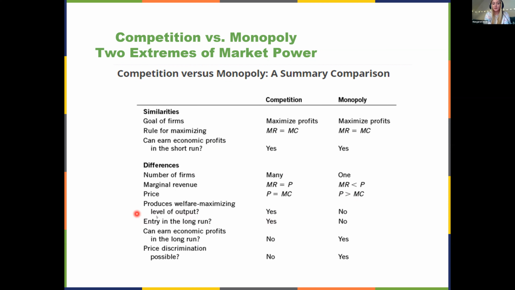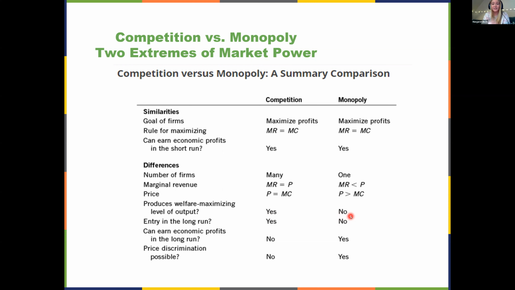We also spent a video talking about the welfare implications of a monopoly. And we learned that the welfare maximizing level of output, or the output that maximizes total surplus, is not chosen by the monopolist. It is chosen, however, by firms in perfect competition.